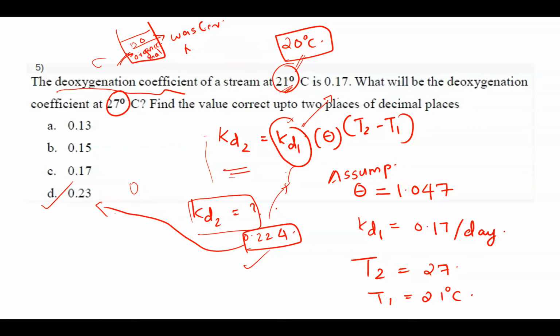So the rate at which the microorganisms degrade the organic matter while consuming dissolved oxygen is known as the deoxygenation coefficient.